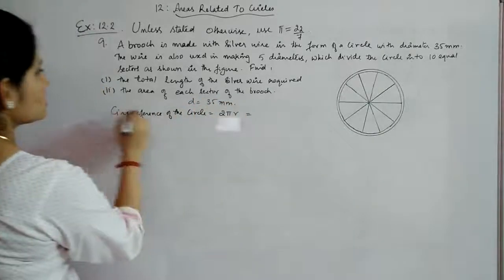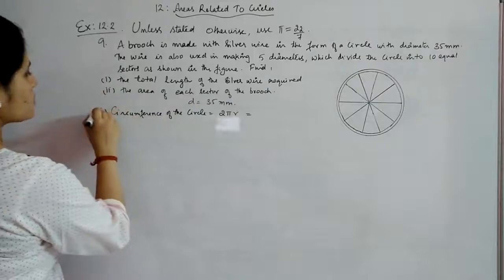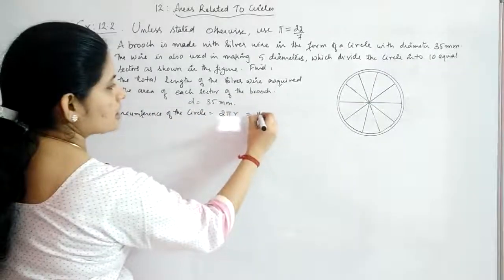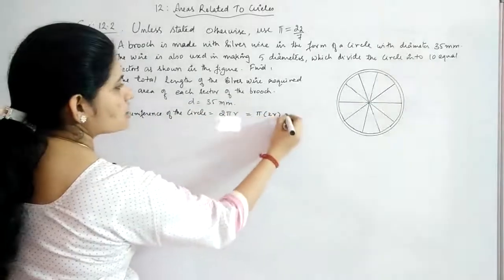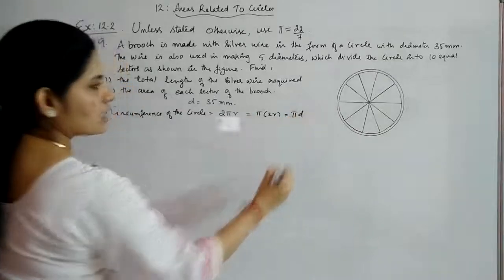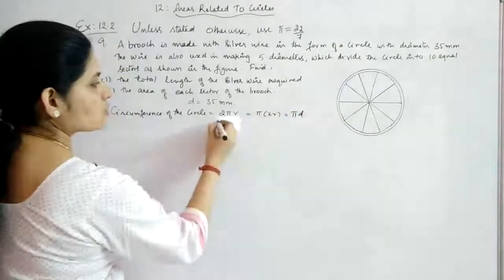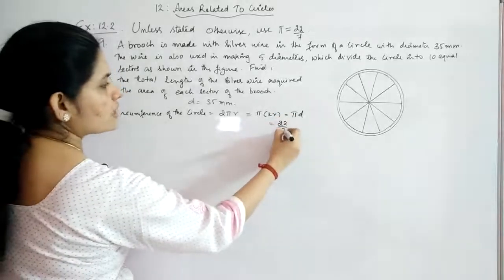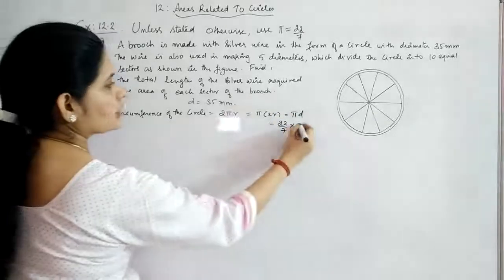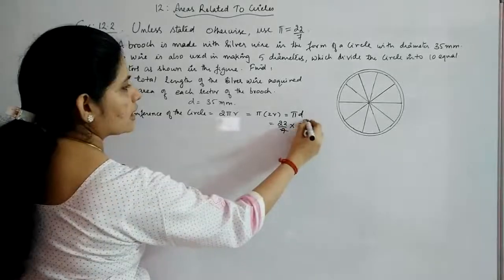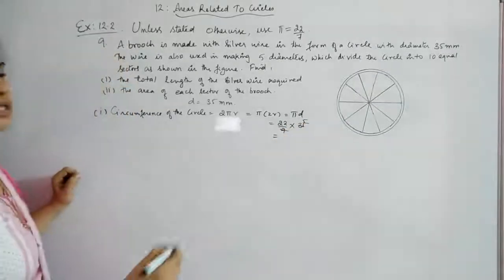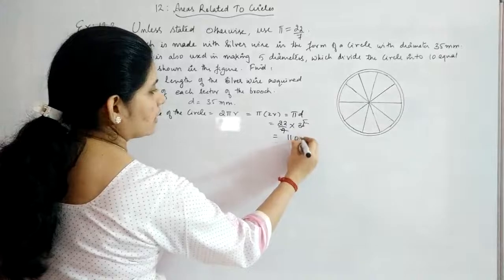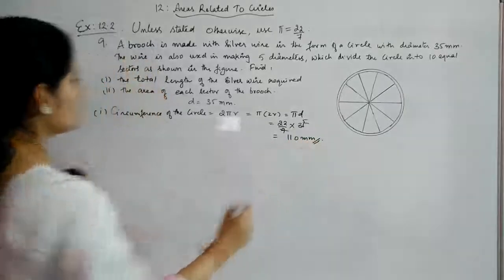So you make it as pi into 2r, and this 2r is nothing but the diameter D. So you can directly use pi as 22 by 7 into D, which is 35. So you will get 22 into 5, which is 110 mm. So this is the circumference.